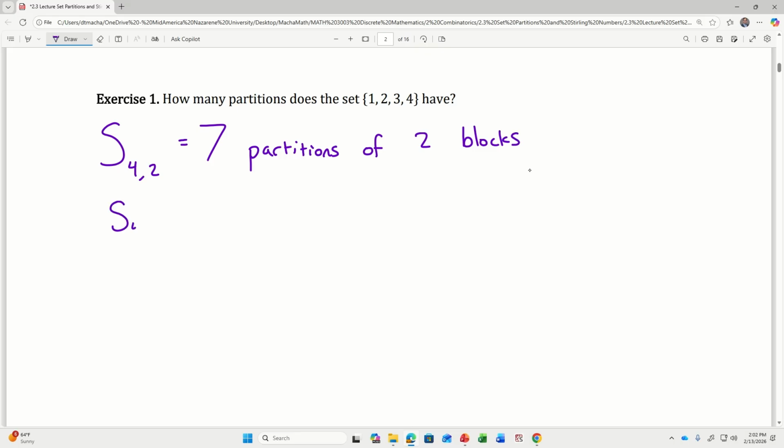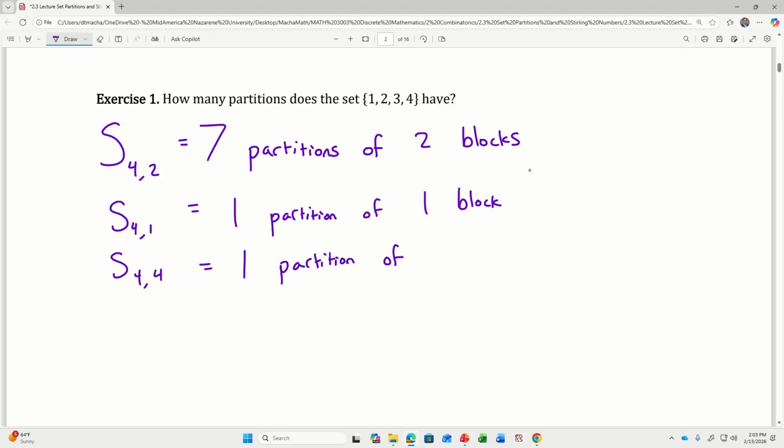But how many partitions of 1 block are there? 1, right? How many partitions of 4 blocks are there? Right, if I was going to put each element in its own block.